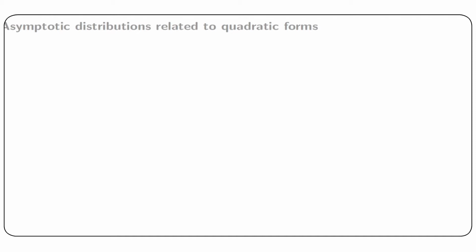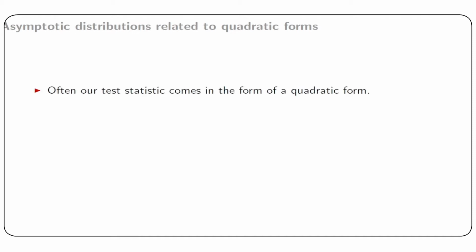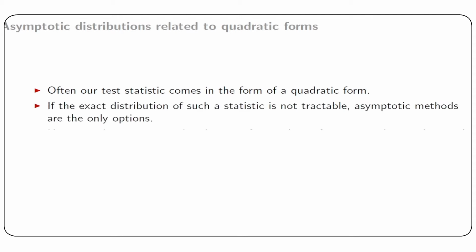Note that often our test statistic comes in the form of a quadratic form. If the exact distribution of such a statistic is not tractable, asymptotic methods are the only option. For example, if we consider the quadratic form x transpose A x, and if x has a normal distribution, then this quadratic form has a non-central chi-square distribution provided A satisfies some conditions.